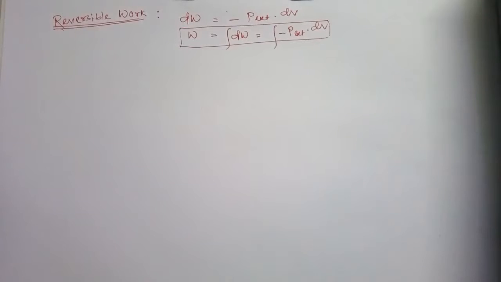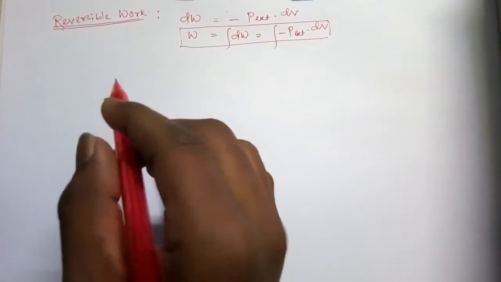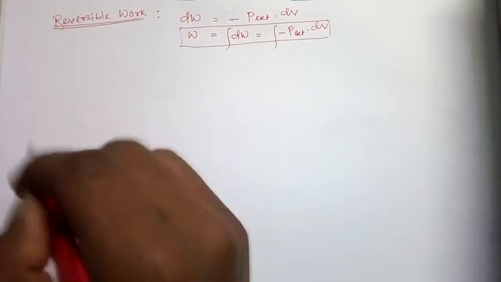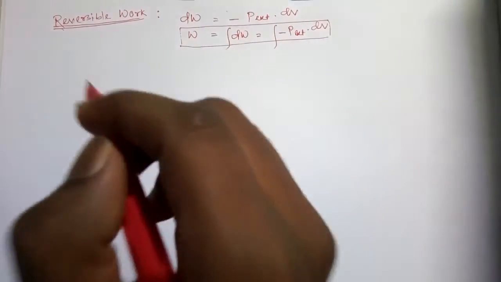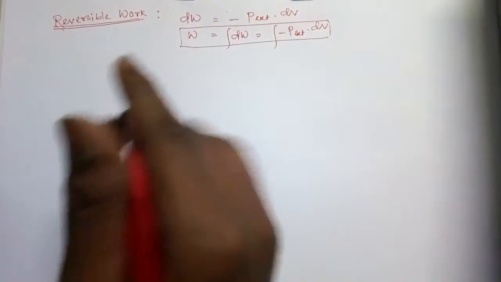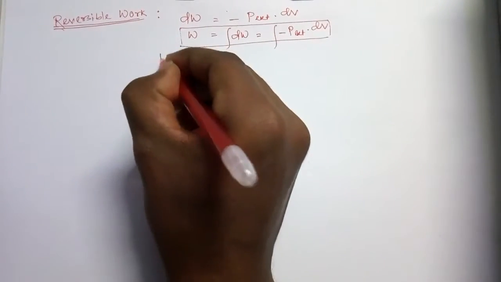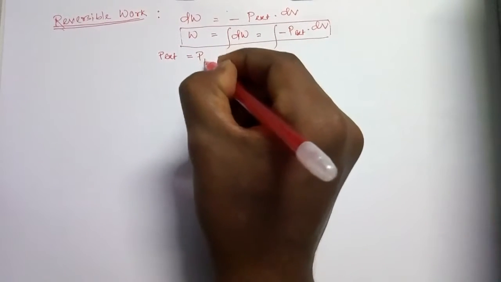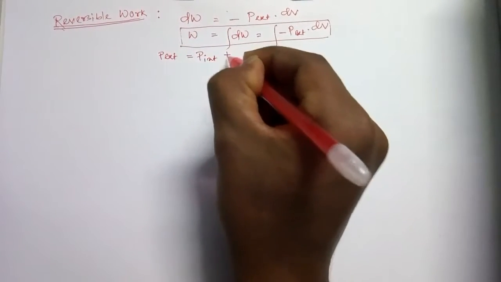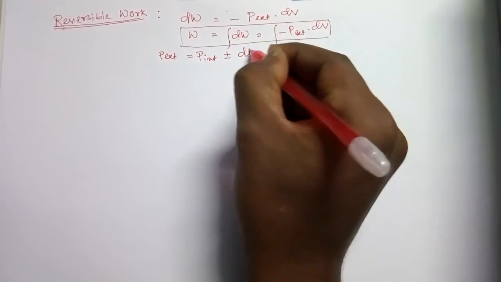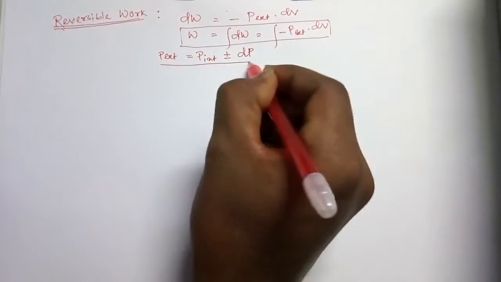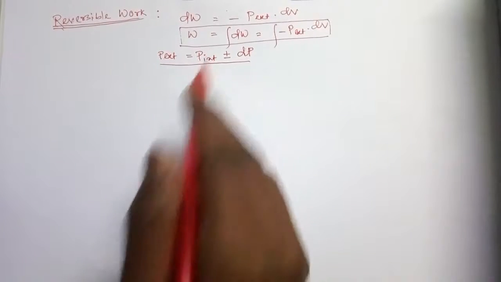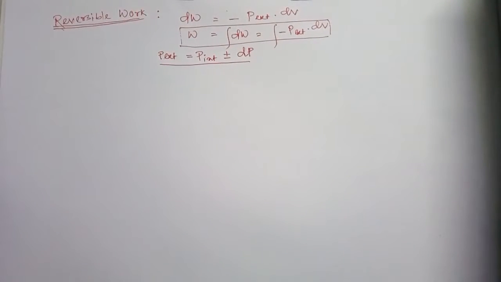Now for reversible work, what happens? The difference between the external pressure and the internal pressure is very, very small. So we can express external pressure as internal pressure plus or minus some small pressure dP, as the difference between the two terms is very, very small.